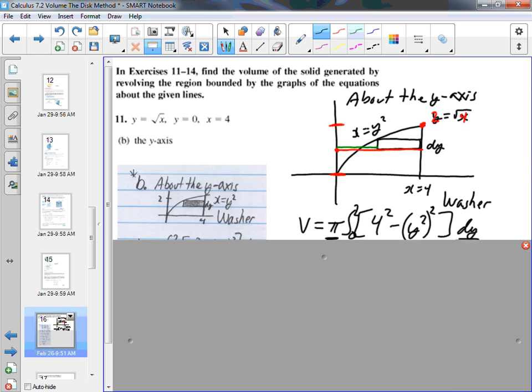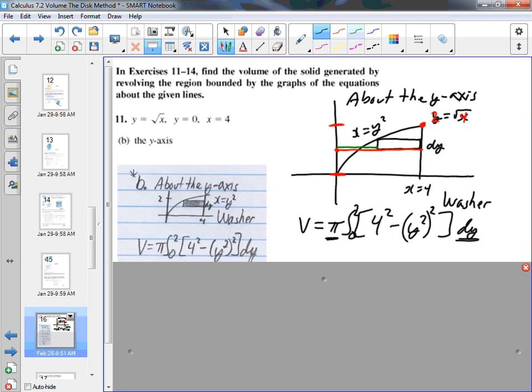Now do we have everything we need? Yeah, that's it. So volume equals pi times the integral from 0 to 2 of the outer radius, which is 4 squared, minus the inner radius, which is y squared, squared dy. Now, a mistake that I know you won't make is you won't do 4 minus y squared in a parentheses and put a square outside that, will you?